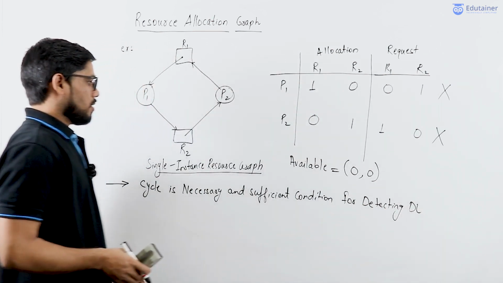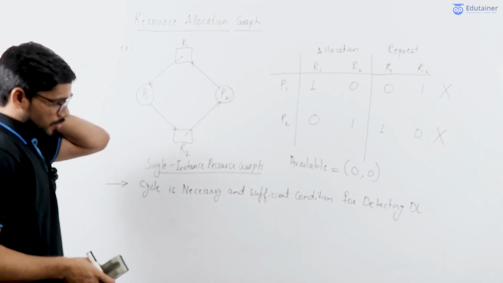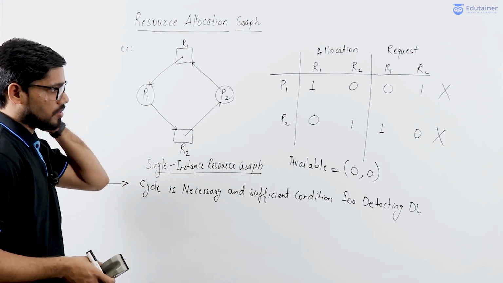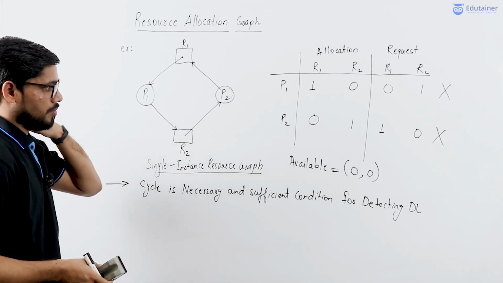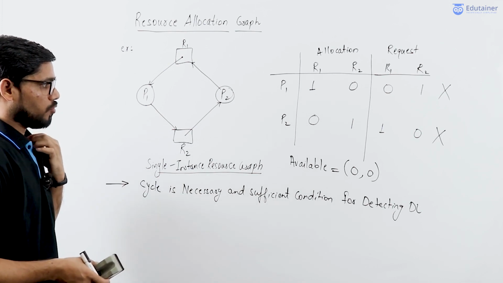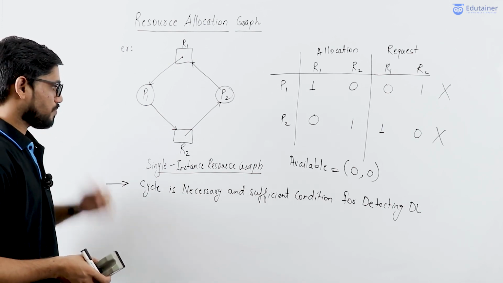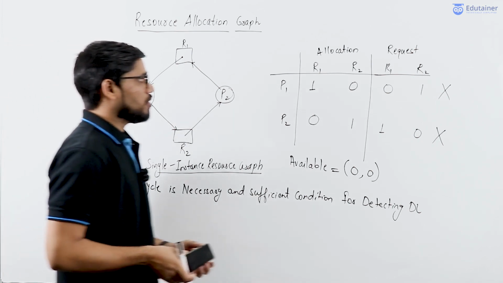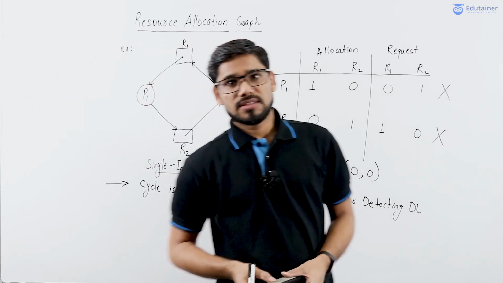Okay, this point is very important, and most of the time questions are directly asked based on this point, so you have to remember this point somehow. Okay, this is the single instance resource graph. In the next video we will see the multi-instance resource graph.